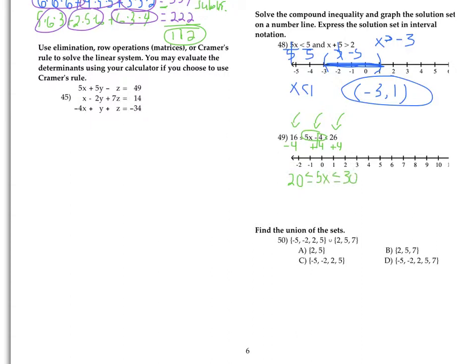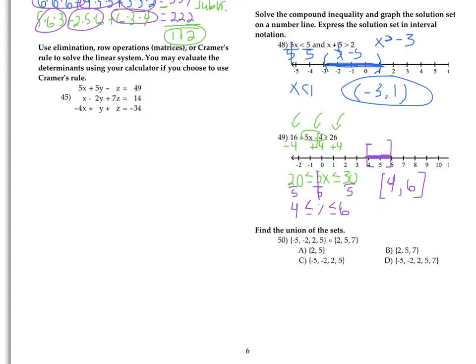And then I will divide by 5 in all three parts and get 4 is less than or equal to x, which is less than or equal to 6. So when we graph that, that's brackets because they're both equal to. Put a bracket at 4 and a bracket at 6, and we're saying x is between them, so we shade between them. And then our interval notation is 4 comma 6 in brackets.